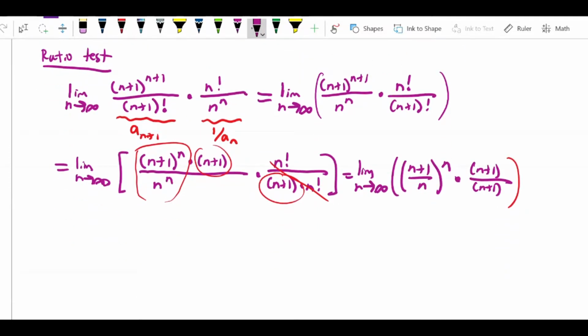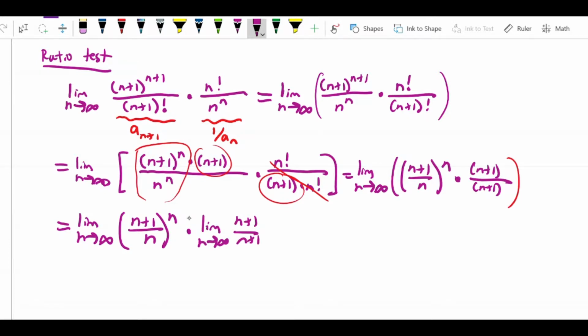So that gives me the limit as n approaches infinity of n plus 1 over n to the n times the limit as n approaches infinity of n plus 1 over n plus 1. Now, this very clearly approaches 1. I think we all know how to simplify that.